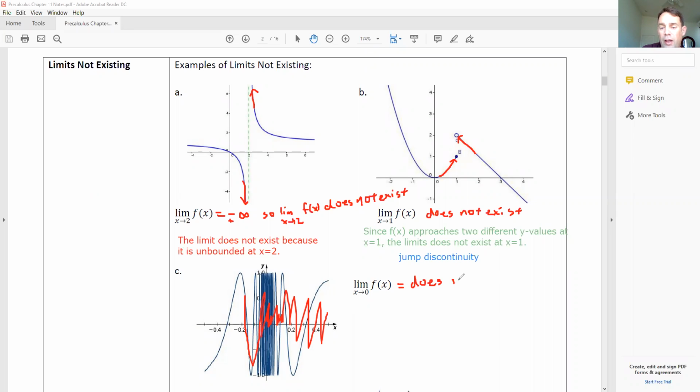Doesn't exist at a vertical asymptote. Doesn't exist at a jump discontinuity. And then this other place where the limit does not exist, this is where the graph oscillates.